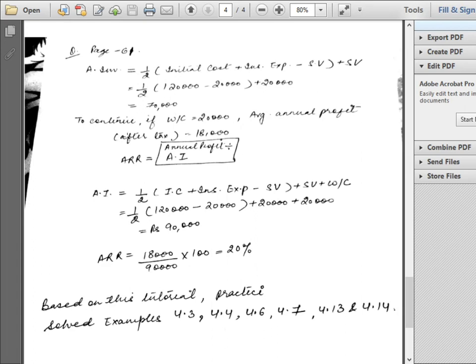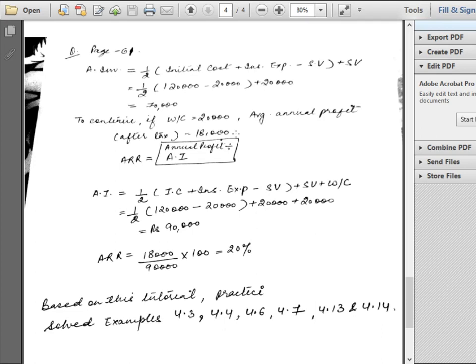Now to continue, in the same question, it is also mentioned that working capital is additionally put in the investment, and the working capital amount is given as rupees 20,000. Then the average annual profits after taxes are also given, which is 18,000 rupees.